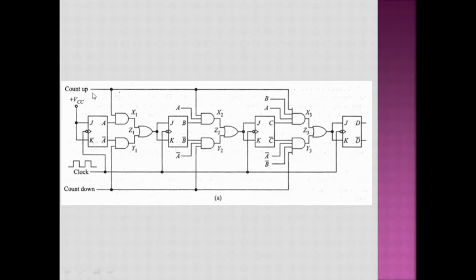But the count up line is going to be high, that means one of the inputs is high. So whenever A is high, the output of X1 is going to be high, which is one of the inputs of the Z1 OR gate. And whenever the OR gate output is high, then the J and K inputs are going to be high. So B is going to toggle on the next negative edge of the clock pulse.